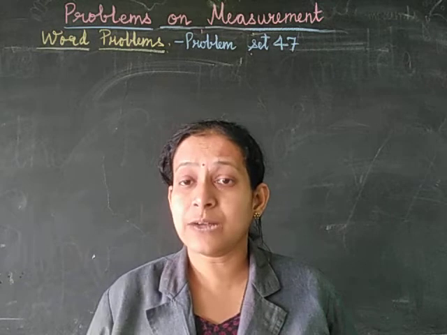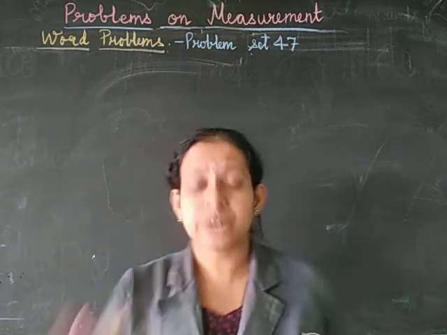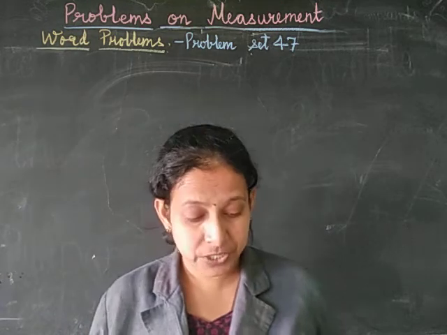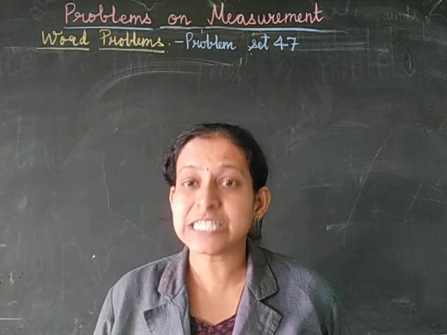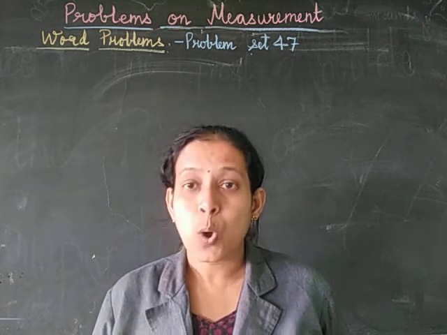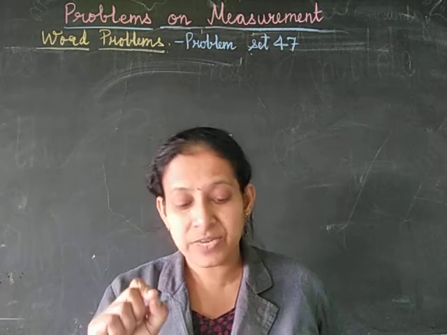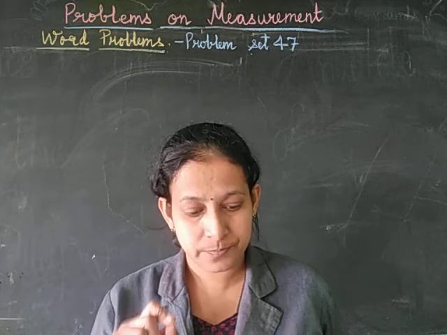Now let me read out question number 2 for you, and then we will start solving, and let me try to explain to you what type of operation it is. Under the Rural Cleanliness Mission, college students cleaned 1 kilometer 750 meters of a village road.